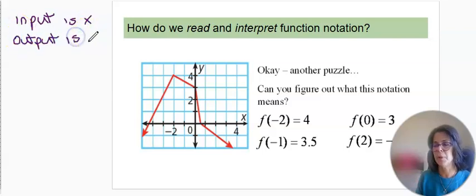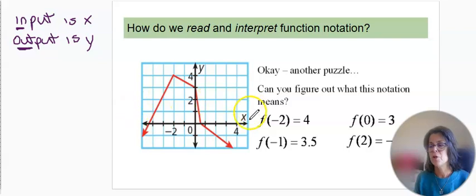Remember, this is what you plug in and what you get out. That's all. So f of -2 means when I plug in -2, I get y, which in this case is 4.